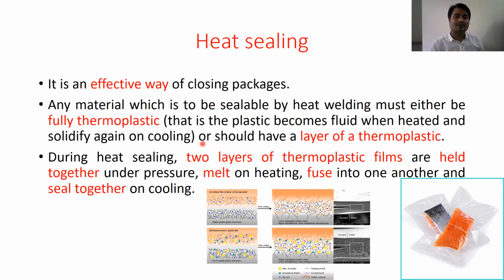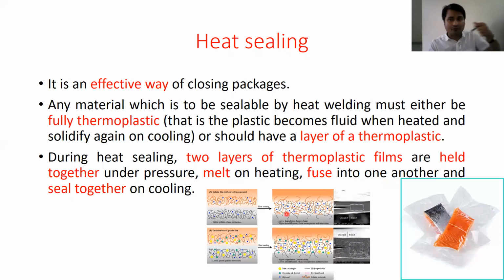You can see the example here. This is the upper layer, this is the lower layer. This is the molecular structure of the packaging material or thermoplastic film. At the time of heating and pressure, it will melt and fuse to each other.